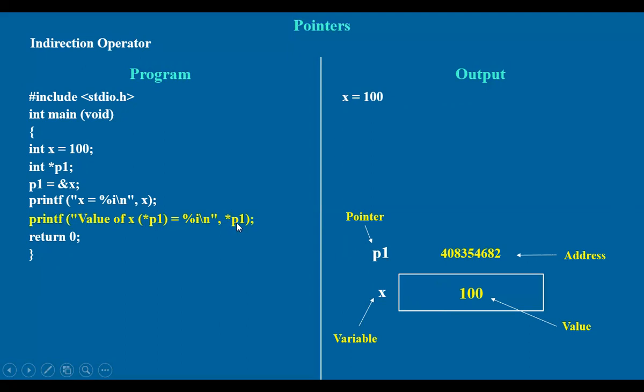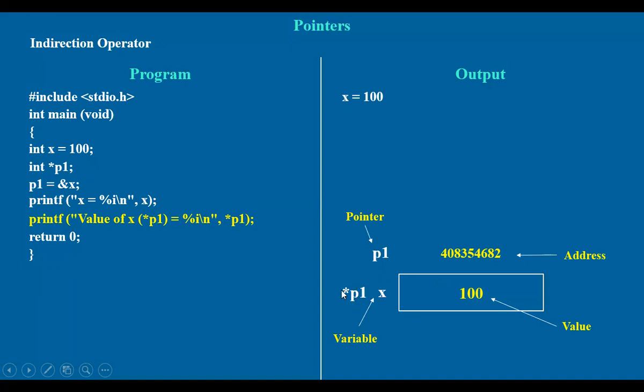value of it. p1 is the pointer, and when you put a star here, it gives the value of this particular address p1. Whatever value is stored in this address p1 is represented here by just giving a star, right? So this is nothing but star p1.